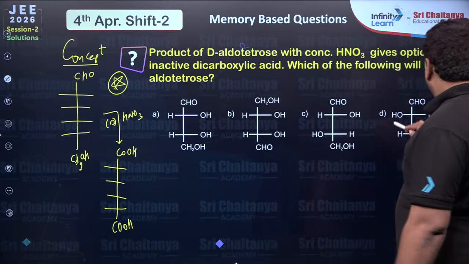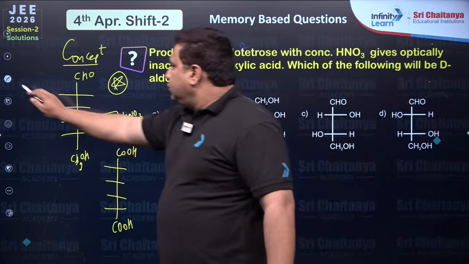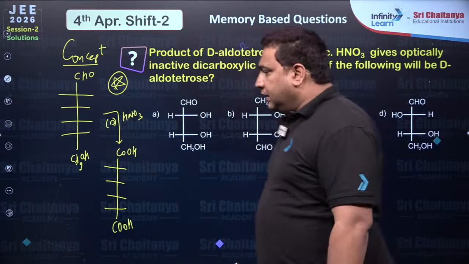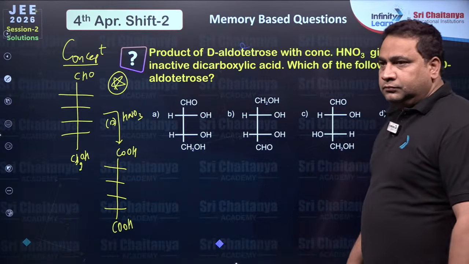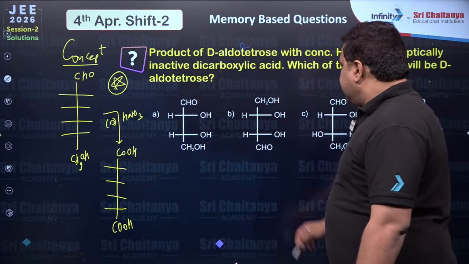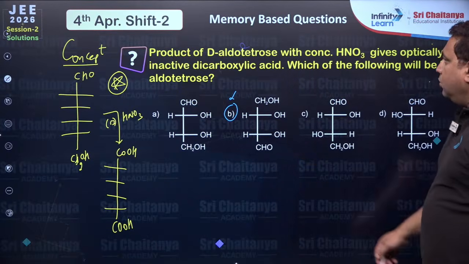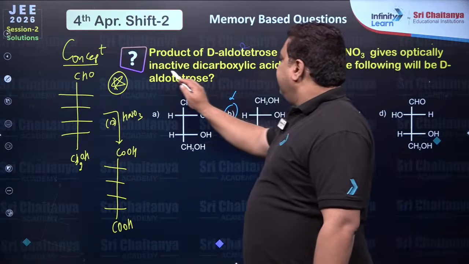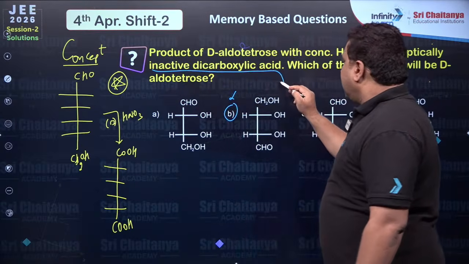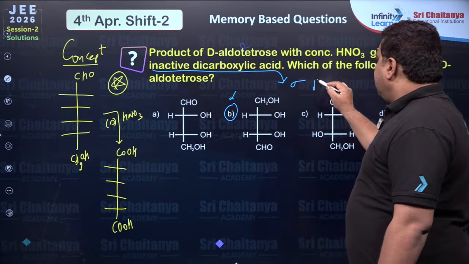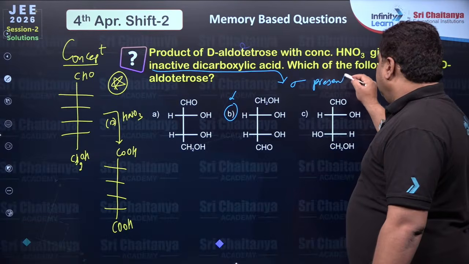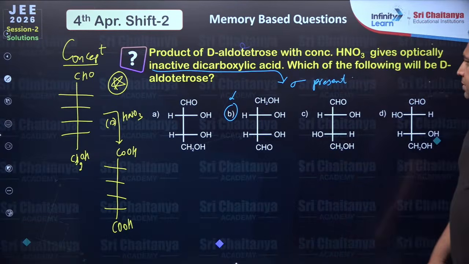Now dear students, you can see here this structure is error. Right? Now it is giving optically inactive dicarboxylic acid, means sigma should be present.